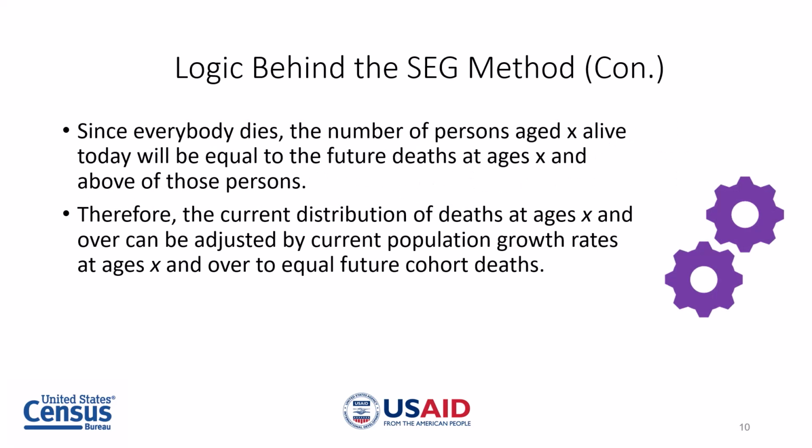In other words, the number of persons at a given age alive today in a population not subject to migration will be equal to the future number of deaths at that given age and above of those persons. Therefore, the observed distribution of deaths at a given age and over can be adjusted by current population growth rates at that age and above to equal the future deaths in the cohort.